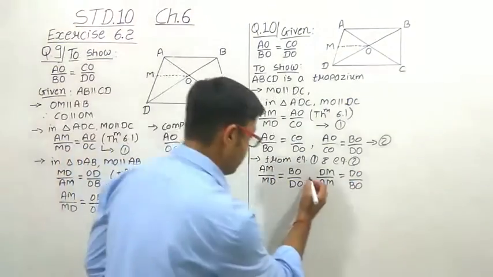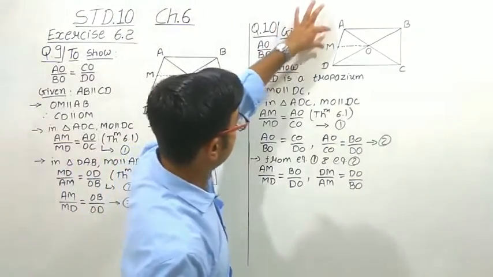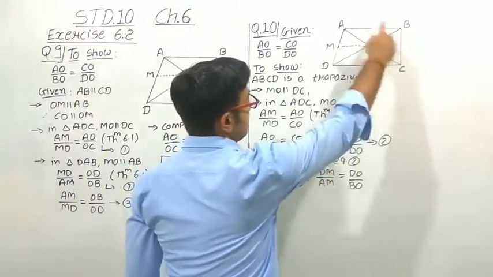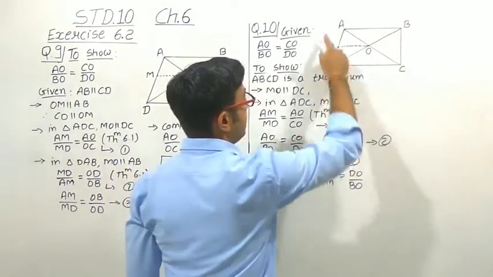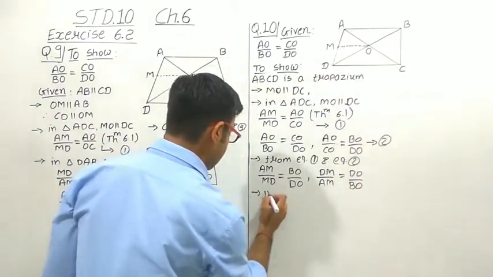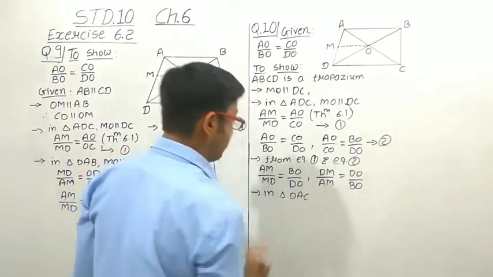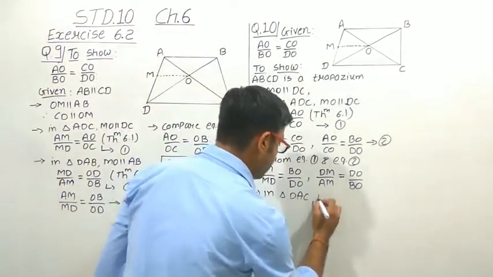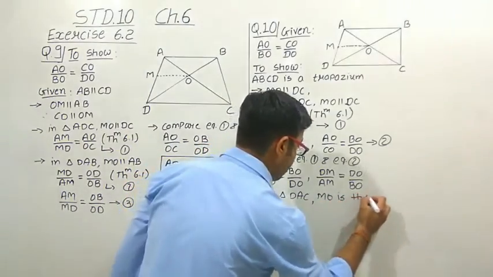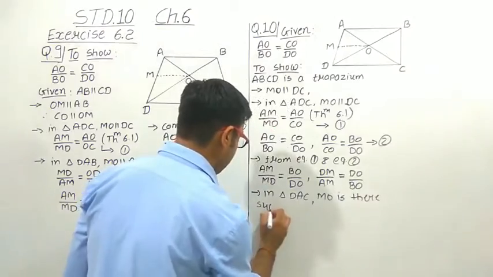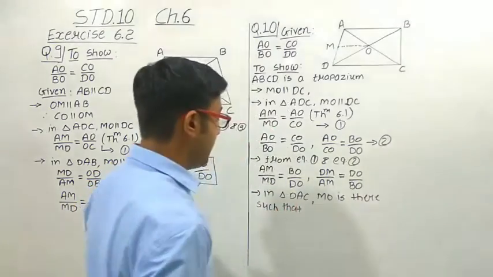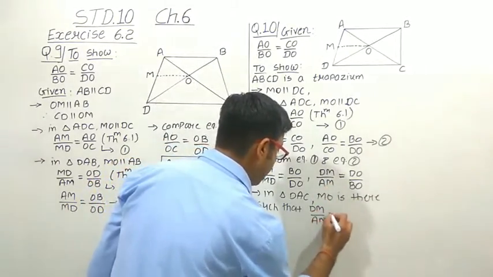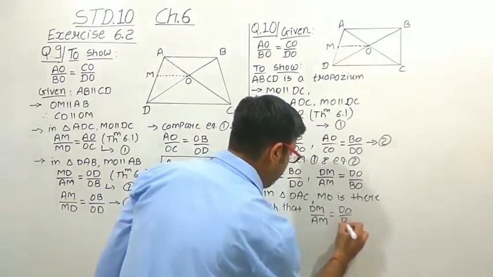Now see, DM upon AM is equal to DO upon OB. So now we can consider triangle DAC. So in triangle DAC, one line MO is there such that we get this result, that is DM upon AM is equal to DO upon BO.